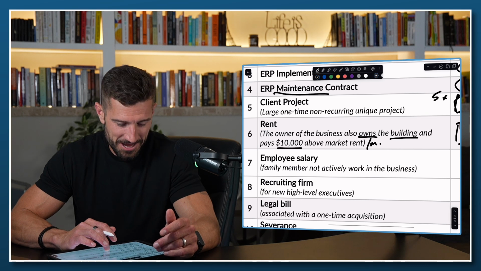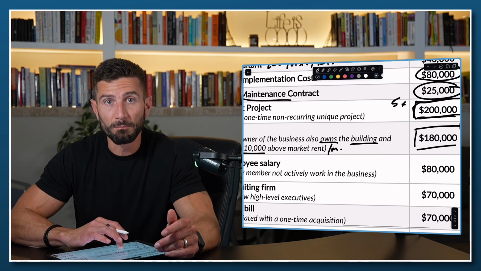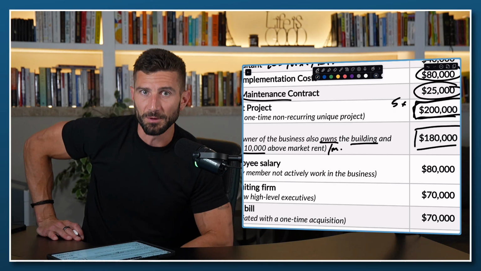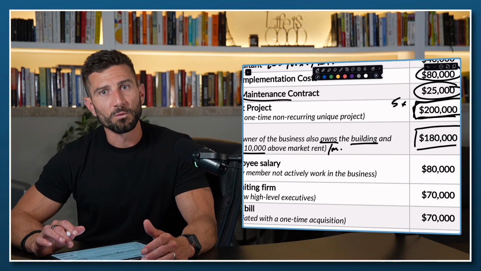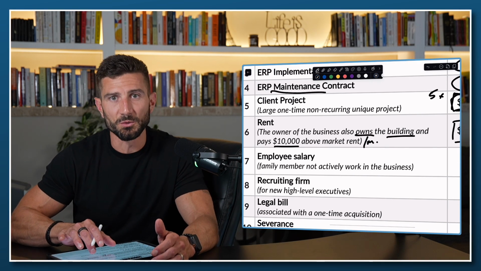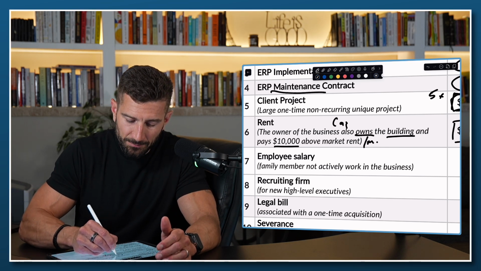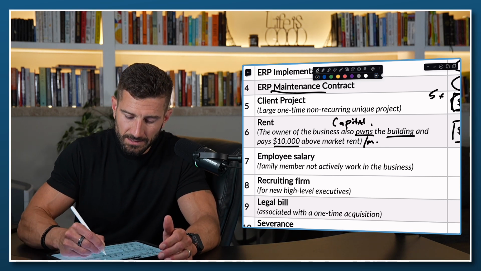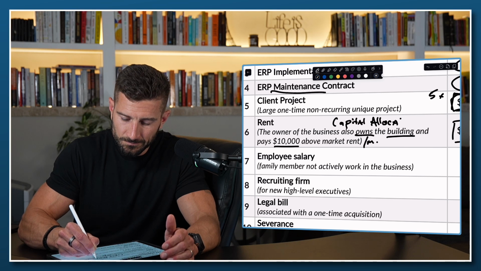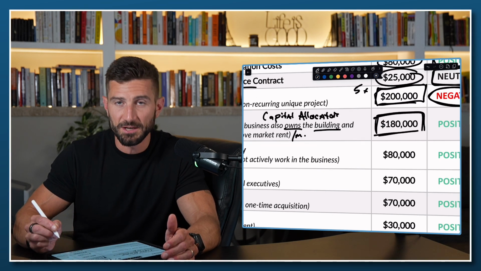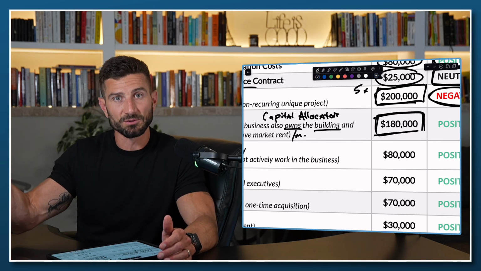So if we're paying ourselves more than market rent, if we bought that company, we're not going to pay a premium and above market rent on our building. And what the person's doing here, whether they know it or not, is they're a capital allocator, and they're suffocating the business's cash flow by 180 grand to allocate capital to real estate.